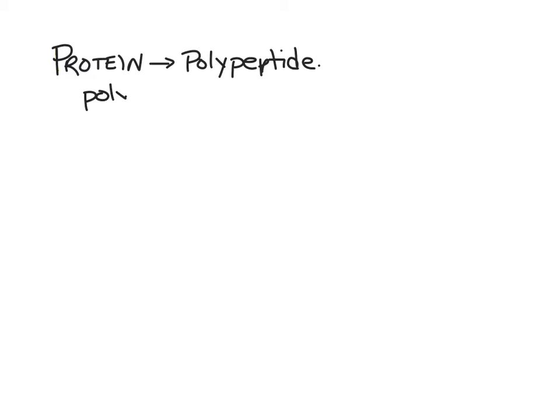As we talked about, remember, a protein is made up of a polypeptide. So your polymer is your polypeptide. Your monomer, remember we talked about monomers being single units? Well, the polymer is the many units.